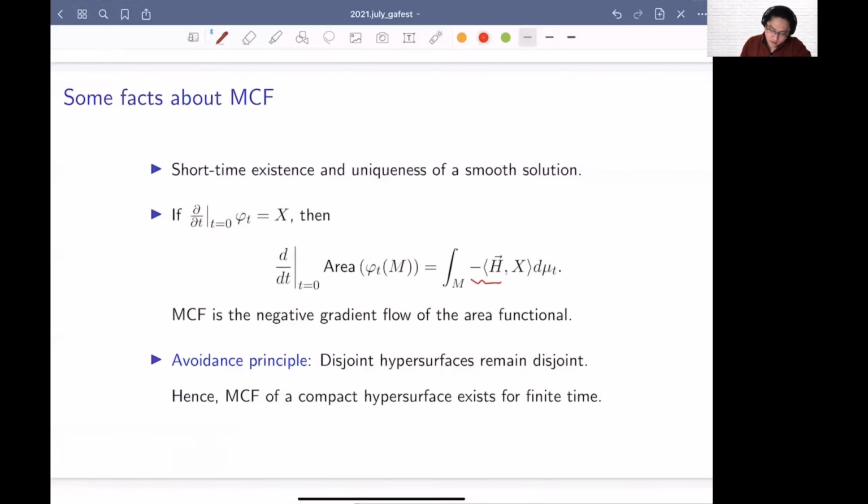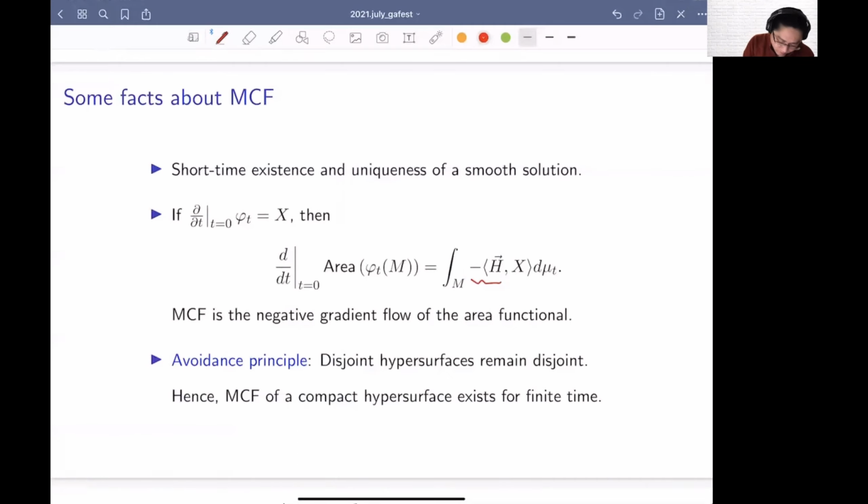The third one is the avoidance principle, which is a consequence of the maximum principle for the mean curvature flow equation. But geometrically, it has a nice statement, which says if we have disjoint hypersurfaces to start with, and we run the mean curvature flow on these hypersurfaces, then these hypersurfaces will remain disjoint under the flow.